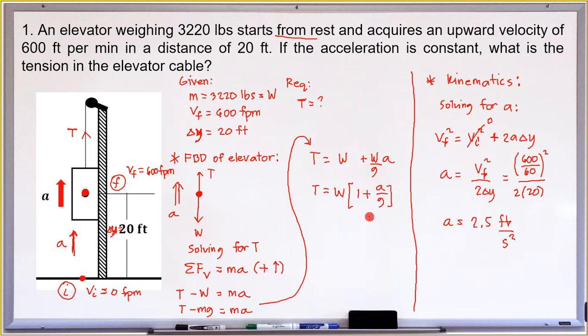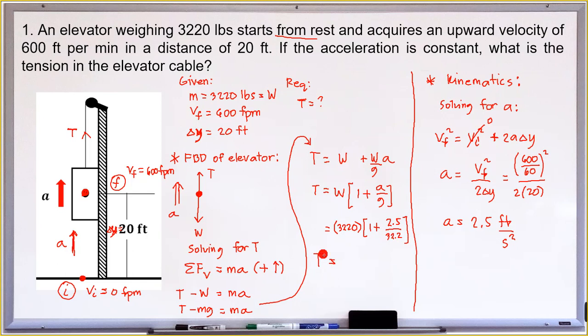And next, we substitute. So 3,320 times 1 plus 2.5 divided by 32.2. That is the standard acceleration due to gravity.